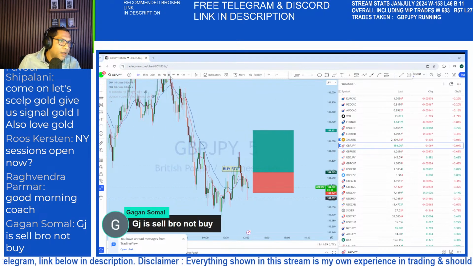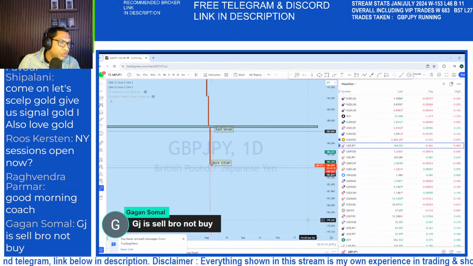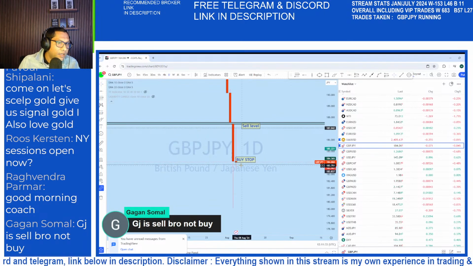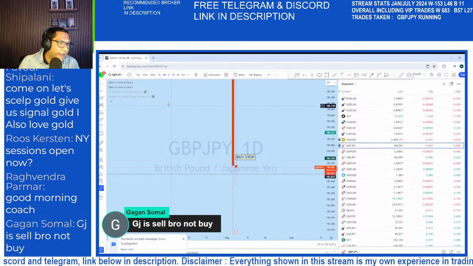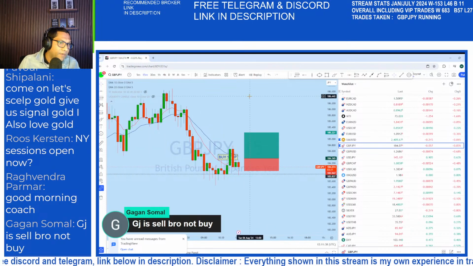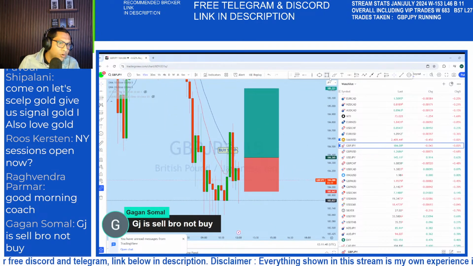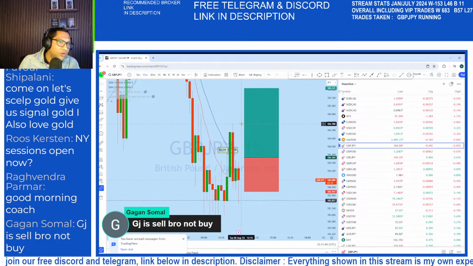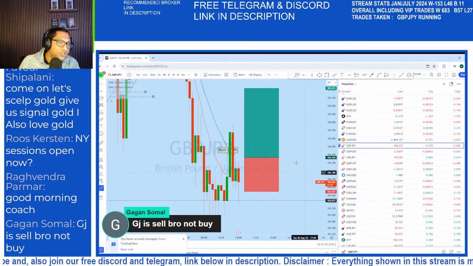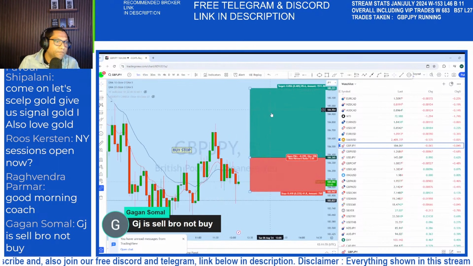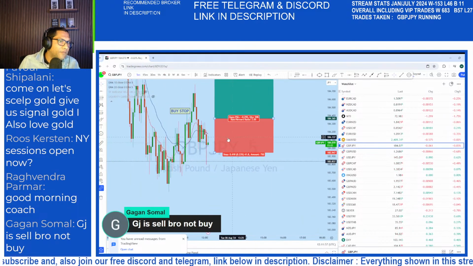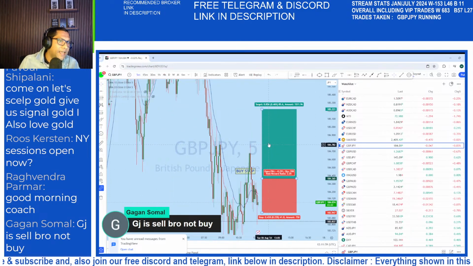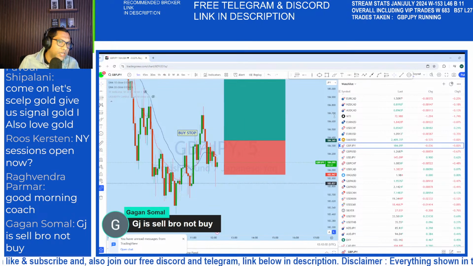But because we are on the daily support, the way we placed our entry, if the market bounces, then we will be looking for a short-term opportunity. And if it crosses 184.70, we can take partial profit and move the stop loss to entry. If it goes from here to the upside, we can expect a short-term bounce. That's what we are taking.